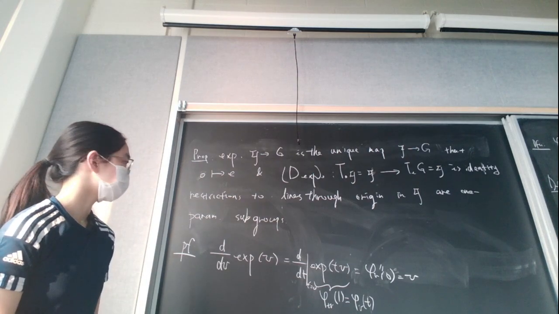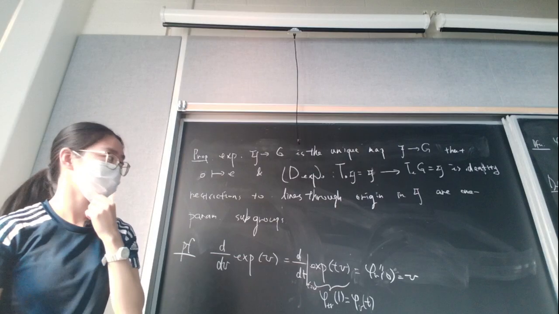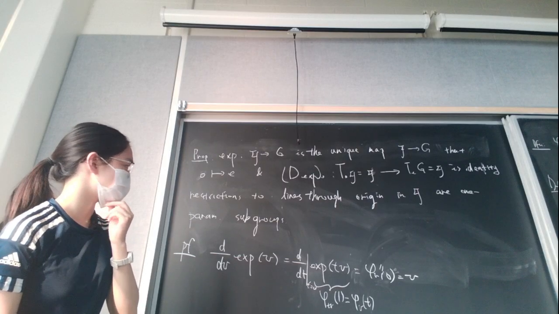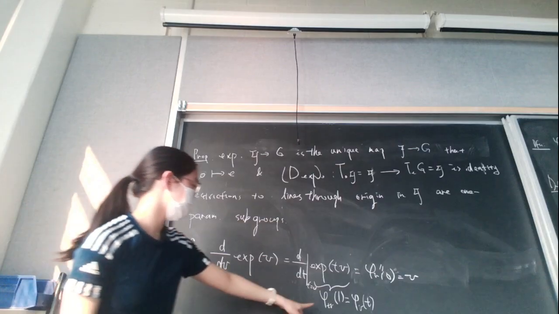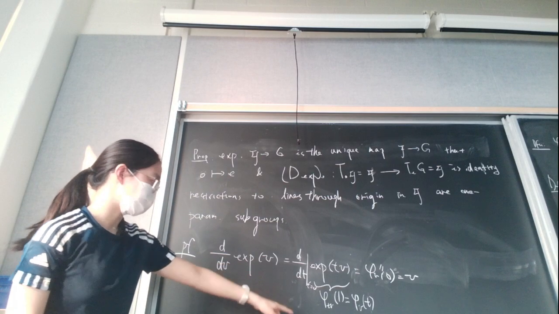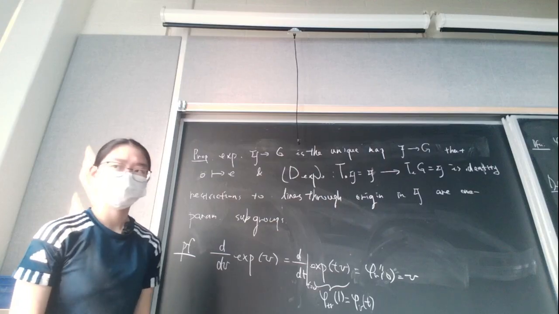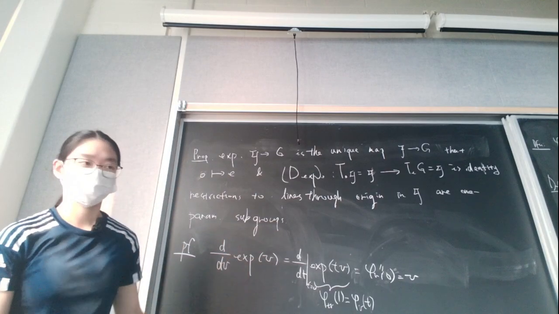And I think the last part is a restatement of what we said before. Phi is basically the restriction of the exponential map to a line, and we defined it to be that way.